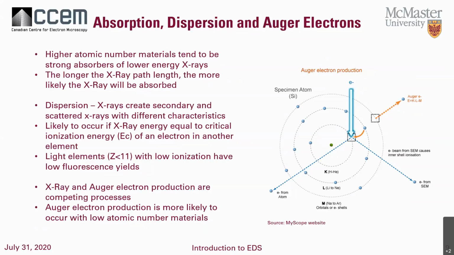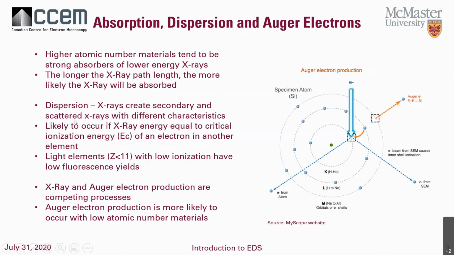So higher atomic numbers tend to absorb the lower energy X-rays, so we have a lot of problems with fairly light elements. Also, if there's a very long path for the X-rays to travel through the material, it's more likely that the X-ray will get absorbed.